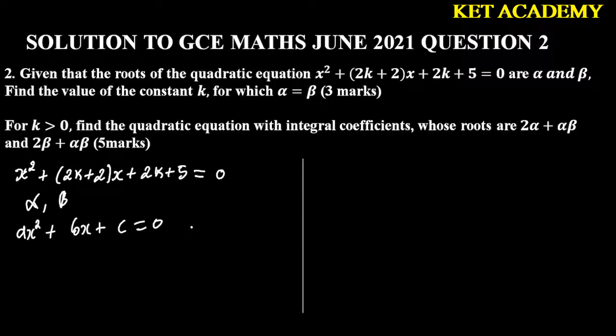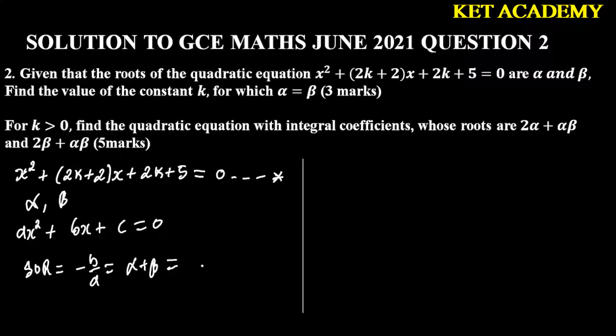This is the general equation of a quadratic equation. And if we compare this, we know the sum of roots, alpha plus beta, is minus b all over a, according to equation star. We name that equation star.